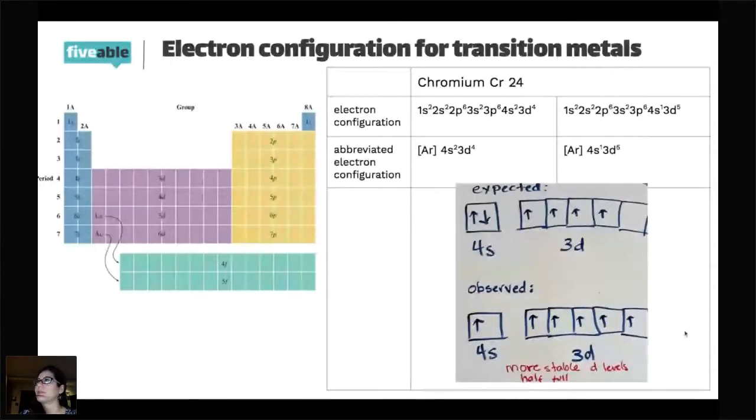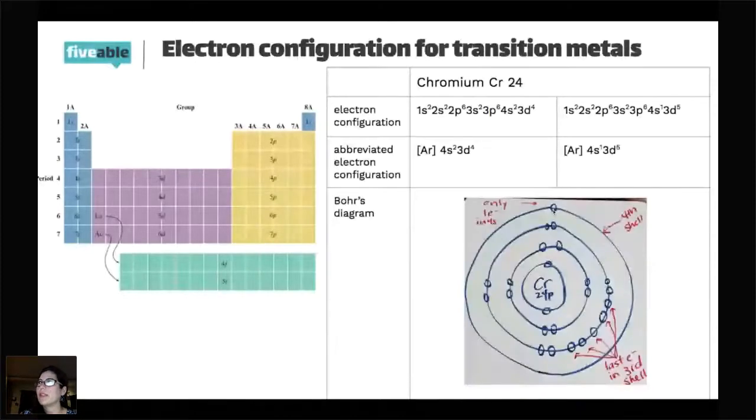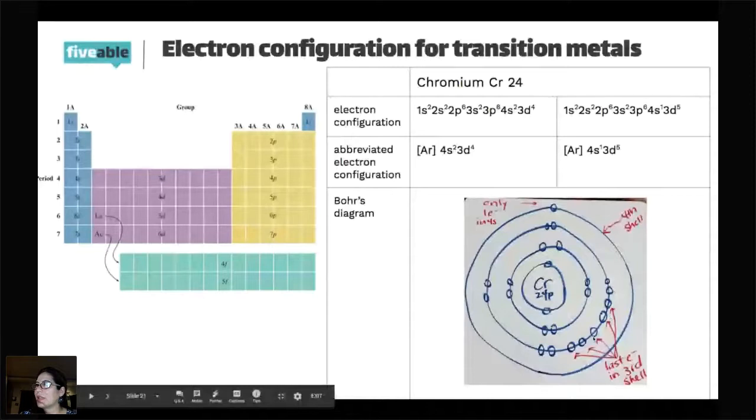Okay, let's move on. If we do so, again, the Bohr diagram for chromium, considering this stability, it would be only one electron on the fourth shell, and the 5 electrons that come last will be added to the third shell.